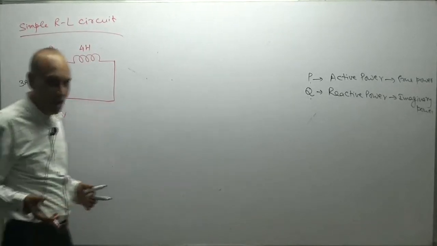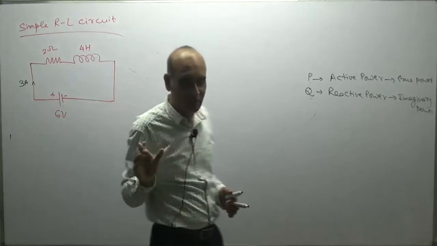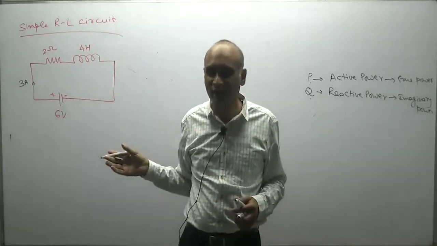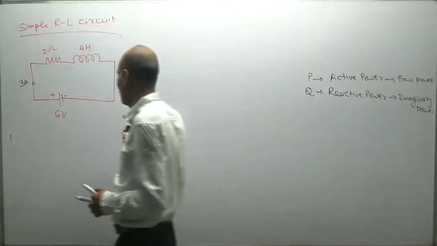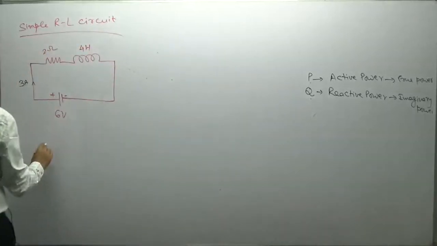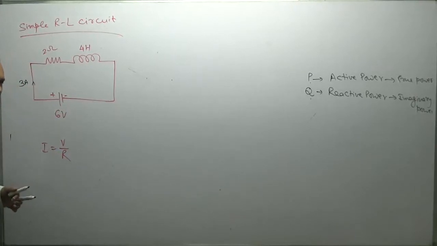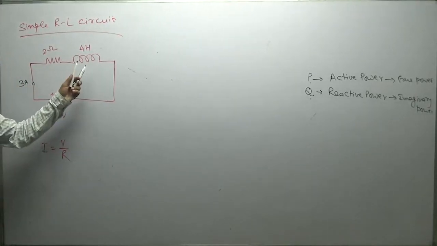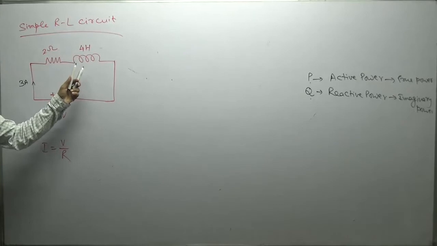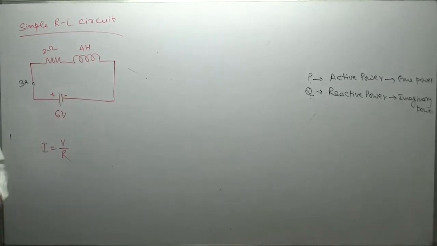How is this 3 ampere calculated? I is equal to V upon R. Very simple. And what is the role of this inductor? We will explain it later on. So, current in this circuit is 3 ampere.